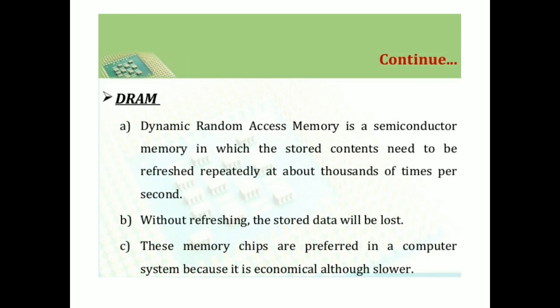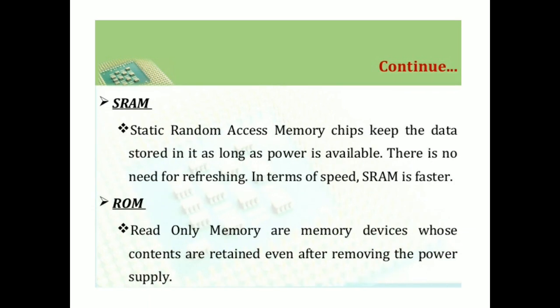It requires refreshing and control circuitry. A DRAM needs only one transistor per memory cell, where a memory cell is an electronic circuit which stores a binary bit 0 or 1. Moreover, DRAM consumes less power and is cheaper than SRAM.